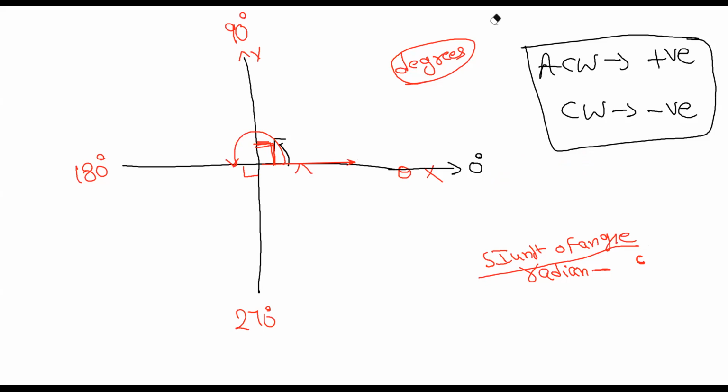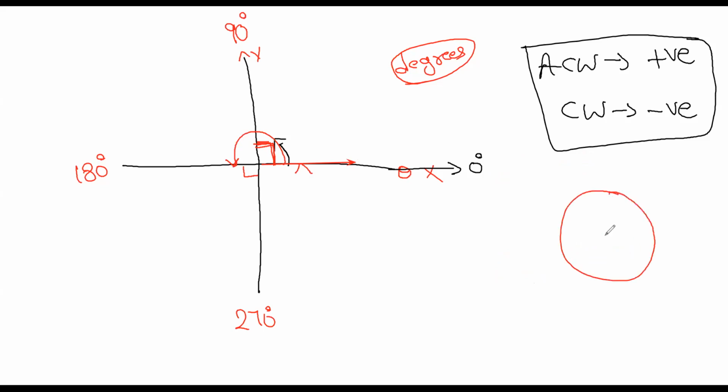This is how you got radians. It came from this circle itself. This is the circle. In one cycle, starting here and coming back over here, you get a total of 2 pi radians.